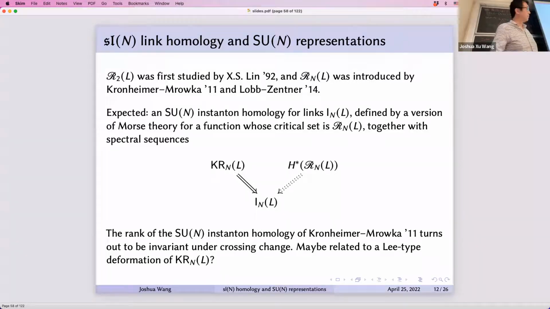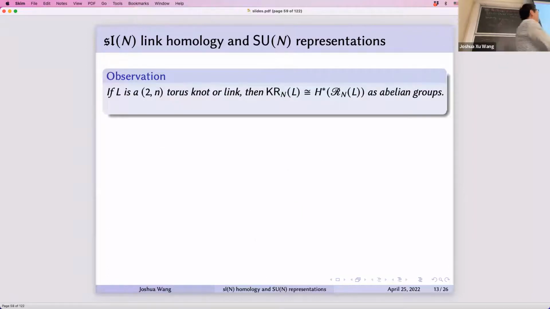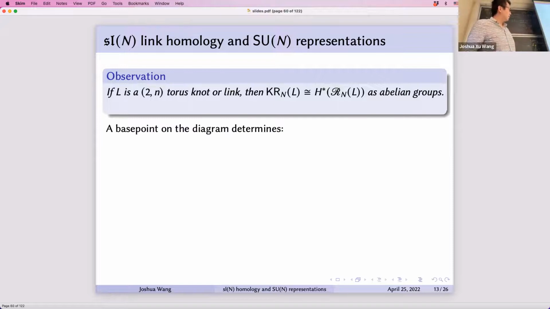Okay. So now I want to say that indeed for the (2,n) torus links, sl(N) homology matches the cohomology of this representation space. And again, this holds as abelian groups, and this further enhancement also all holds.